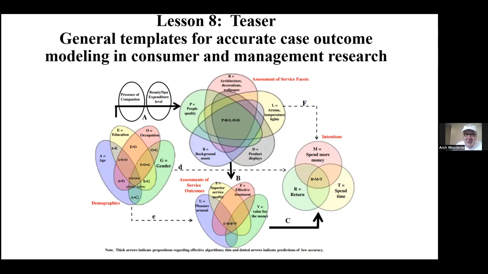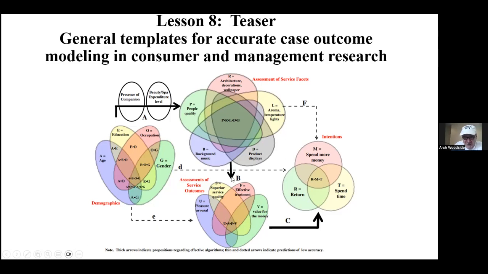But this is a situation of consumers going into a retail service store, and here we're talking about women having their hair done and a facial in a health spa, and that's also a beauty parlor, where you have multiple outcomes, and you have the consumer evaluating the establishment on several conditions, such as the decorations of the architecture of the establishment, then the people quality, background music, product displays, and then the actual service delivery.